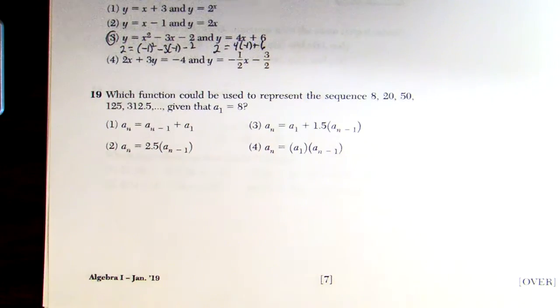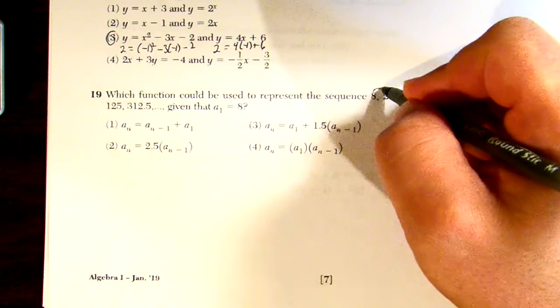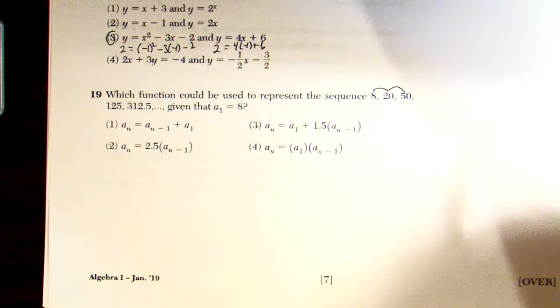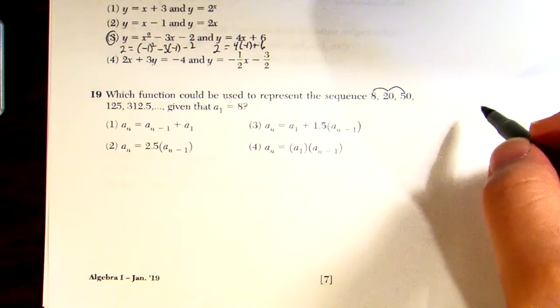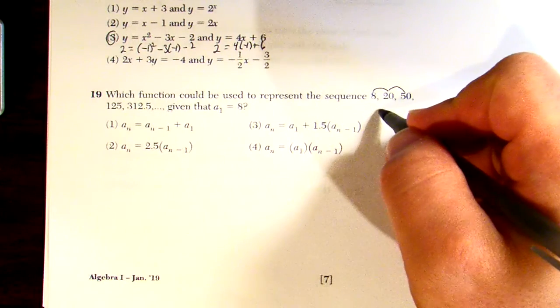19 says which function could be used to represent the sequence 8, 20, 50, 125, 312.5... given that a1 equals 8. So I'm looking at what is happening between 8 and 20, okay, 8 and 50, and if I look at adding, so adding would be arithmetic part of it.